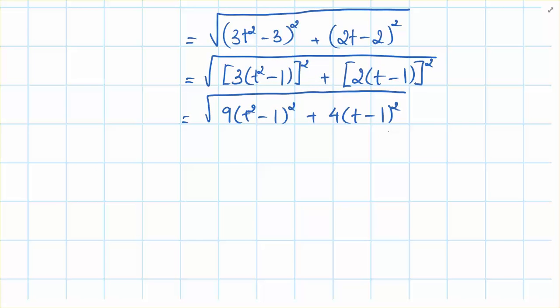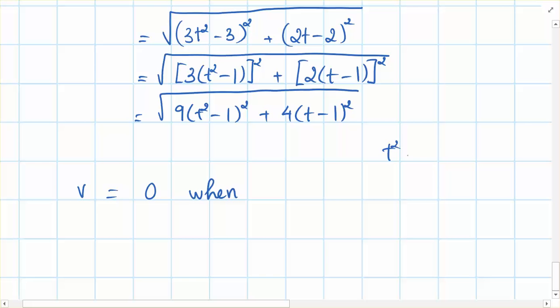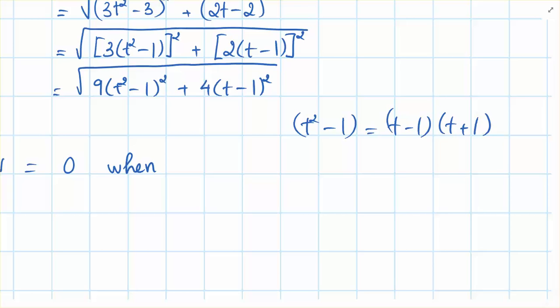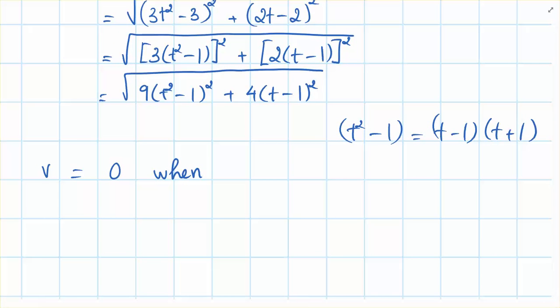So for the particle to come to a stop, you need the speed equal to 0. So we have v equals 0 when, let's take a look at t squared minus 1 and t minus 1. t squared minus 1 equals t minus 1 times t plus 1, and we have t minus 1.